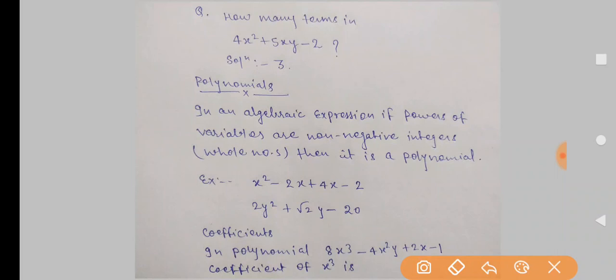Means a constant that is multiplied by a variable is called the coefficient. Here 8 is a coefficient, 4 is a coefficient, 2 is a coefficient. Okay.